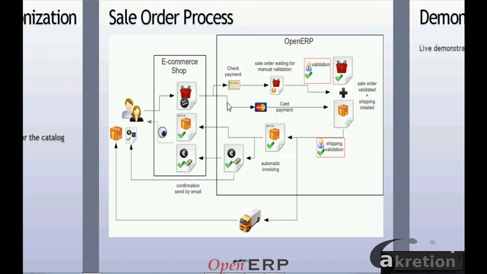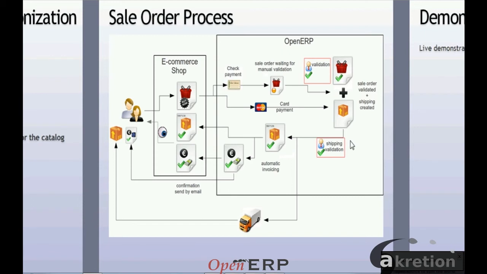So we are going to import it, and the sale order will be automatically validated, so you don't have to take care of the sale order. You just have somebody who takes care of the delivery, and you just connect to OpenERP, go to the warehouse management, and it shows a list of pickings to send. So you don't waste time validating the orders paid and not paid. So it's easy.